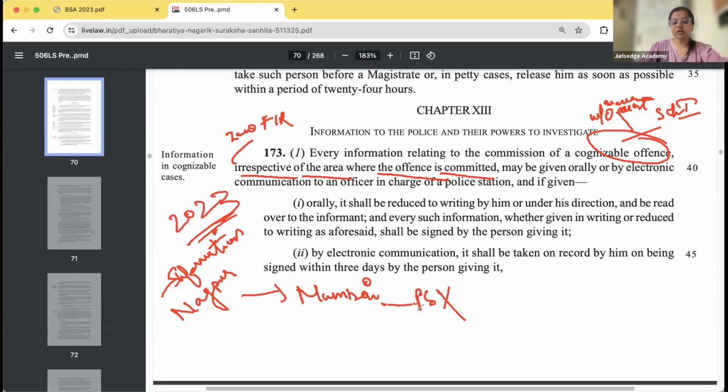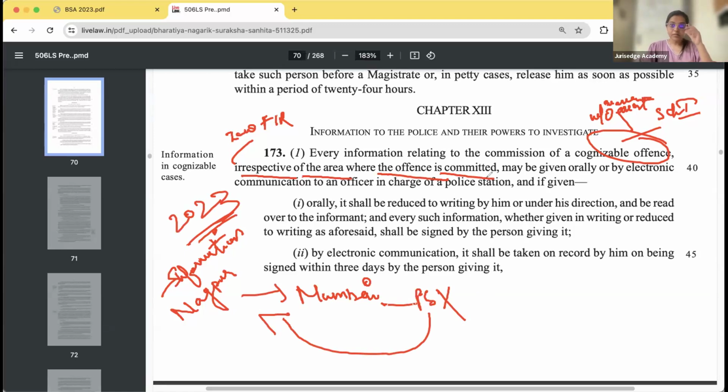Before 2023, the police would definitely tell them to go back to Nagpur. By then, a lot happens. You also know that. So that is why, to again control the powers of police and not let them misuse their powers, the restriction of area is removed.